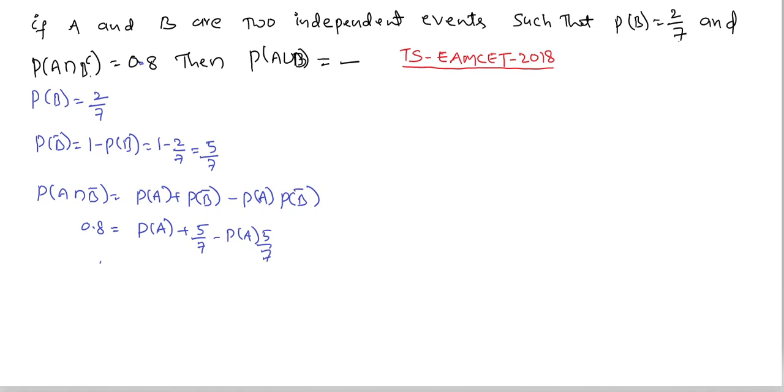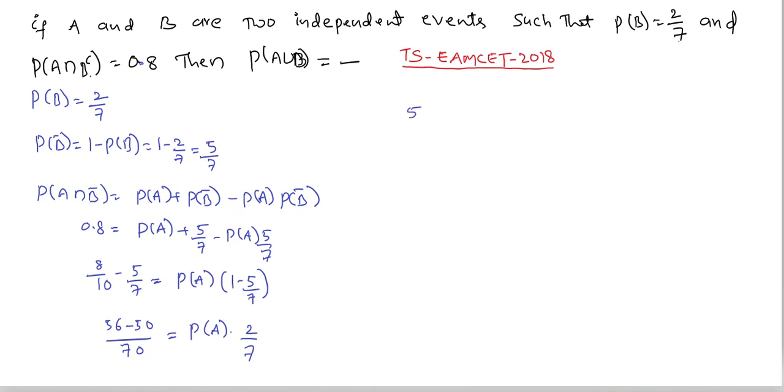So 0.8, that is 8 by 10, is equal to P of A into 5 by 7. Hmm, taking P of A common, that is 1 minus 5 by 7. So 7 into 8, 56 minus 50 by 70 is equal to P of A into 2 by 7. So 56 minus 50, that is 6 by 70, is equal to 2 by 7 into P of A.